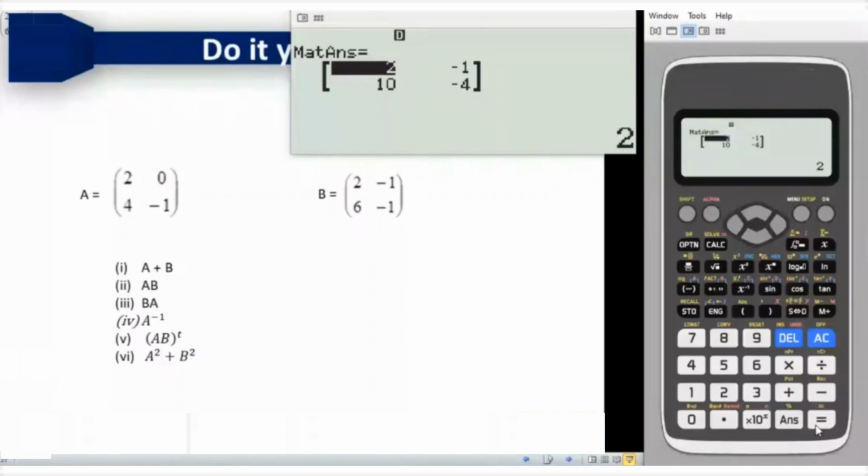Now all those who entered minus 1 will be getting this answer, and all those who entered minus 11 might be getting a different answer. So if there is a difference of answer, it's because of the matrix that you have entered incorrectly. It has nothing to do with your knowledge of application of functions.